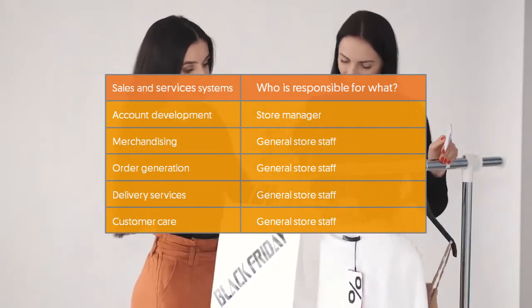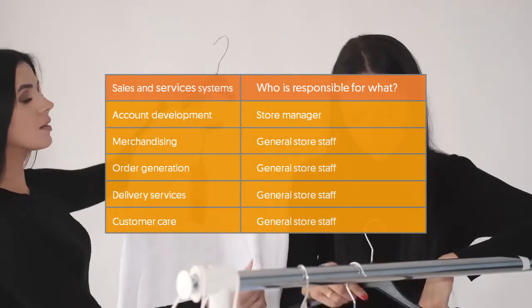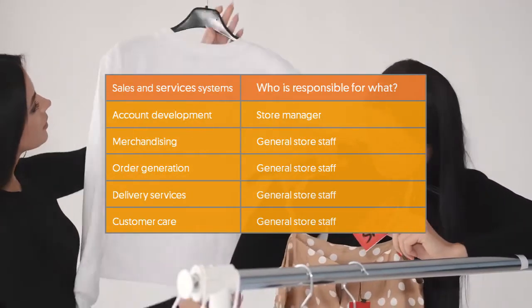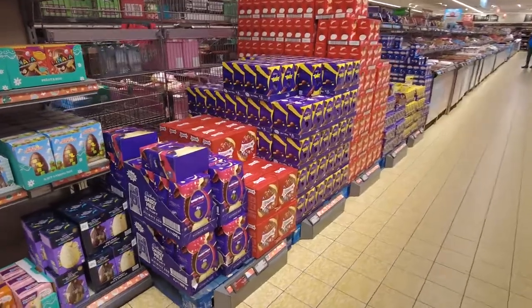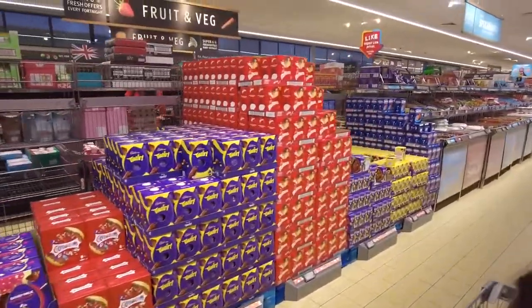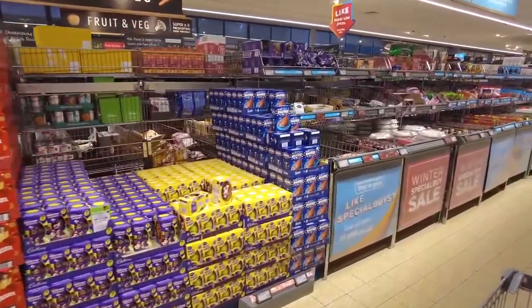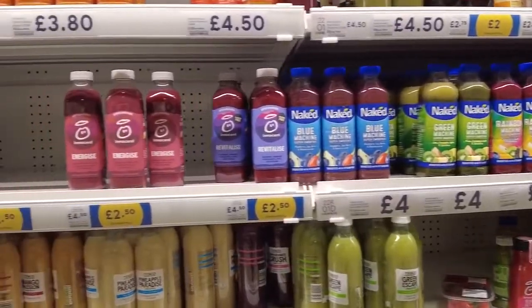They are also responsible for order generation, delivery services, and customer care, according to pre-arranged standards and guidelines. However, depending on the sales operation channel, the assignment of responsibility can be set at various designs to maximize services at the lowest cost.